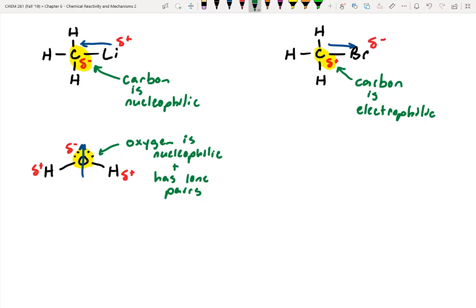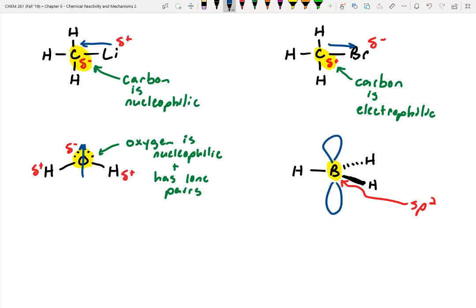All right, let's take another one. I'm going to draw it this way. This is BH3. What's the hybridization of boron here? It's trigonal planar, right? It's flat. What would the hybridization be? SP, SP2, or SP3? Okay, so this would be SP2. We know all trigonal planar atoms are going to be SP2. So it must have this p orbital sticking up and down off of this.